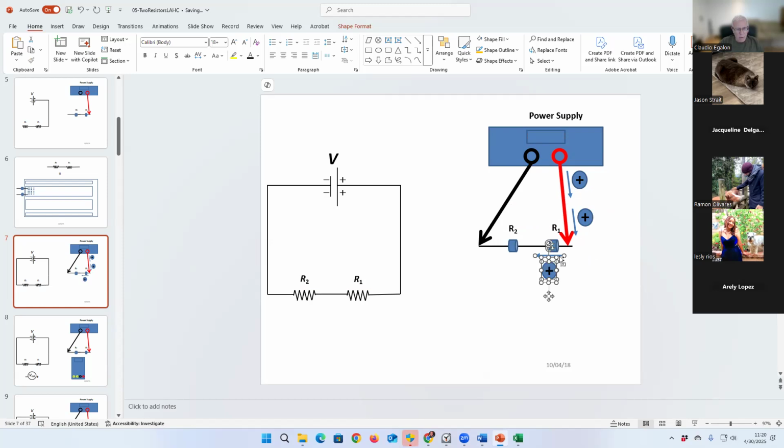Here you go. And then we have those other 2 charges that I'm going to put on the other side. Don't forget to change the direction of the current, right?